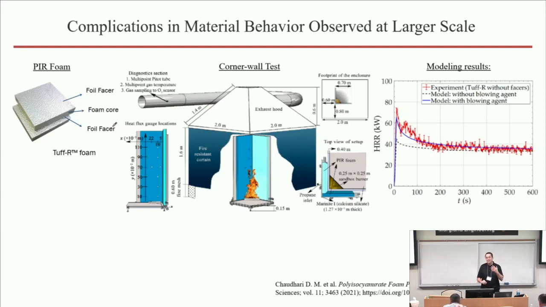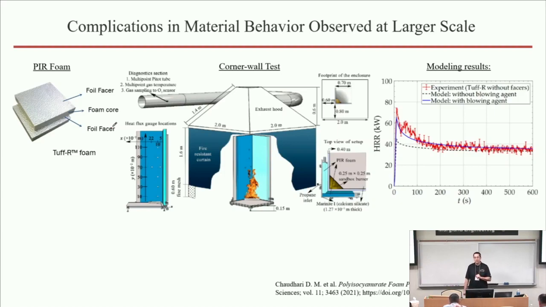So that demonstrates, again, this is one of multiple examples showing that with all these techniques that we're doing at the bench scale, we're frequently missing some aspects of the behavior of a material that manifest themselves at full scale. And how to appropriately take it into account is something that we still need to understand.